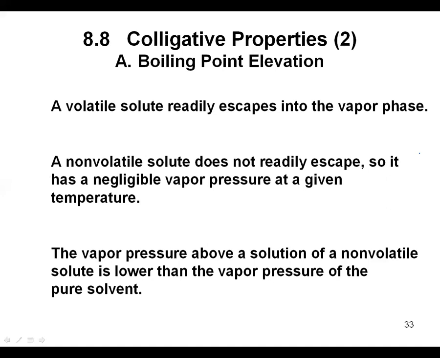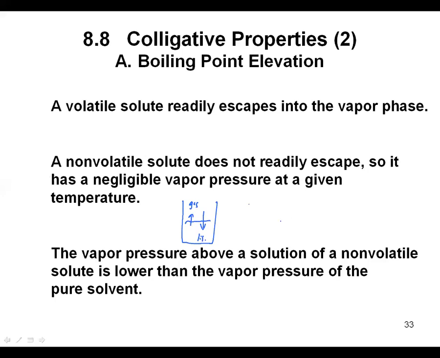Now, when we talk about the vapor pressure, that's basically the pressure of a gas above a liquid. So again, if we have a liquid, at the surface of the liquid, we have molecules jumping out of the liquid into the gas phase. We also have molecules from the gas phase going back into the liquid phase. So at the surface of the liquid, you have a lot of that back and forth happening.